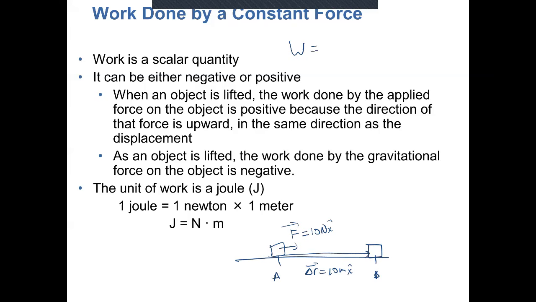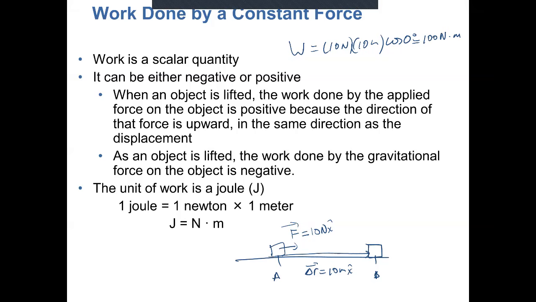I can calculate the work done: the magnitude of the force, 10 newtons, times the magnitude of the displacement, 10 meters, times the cosine of the angle between them. Force and displacement both point in the positive x direction, parallel in the same direction, so theta is 0 degrees. So it becomes 10 times 10 times cosine of 0, which is 100 newtons times meters.